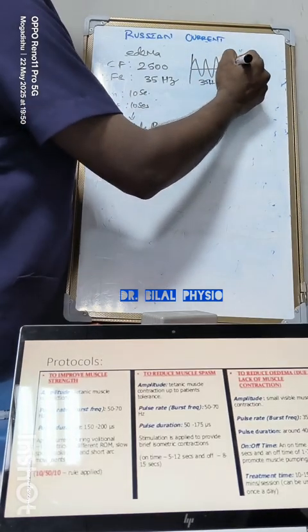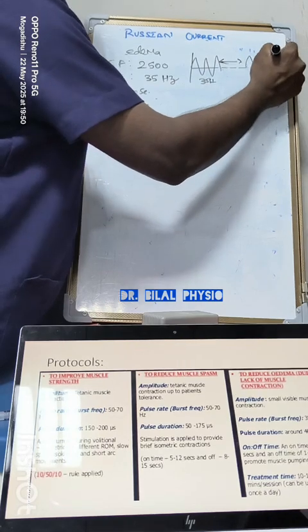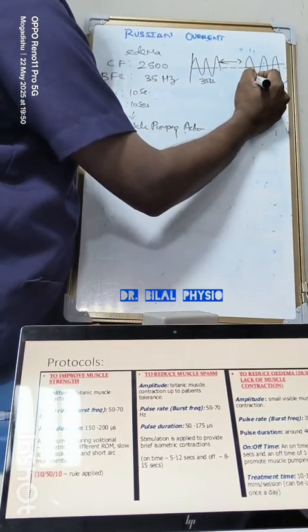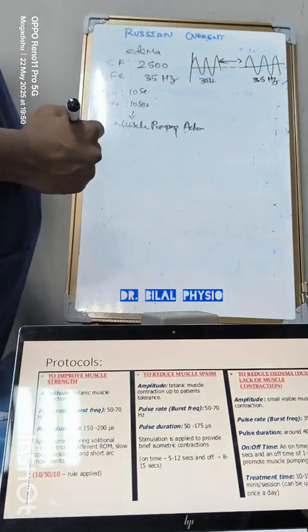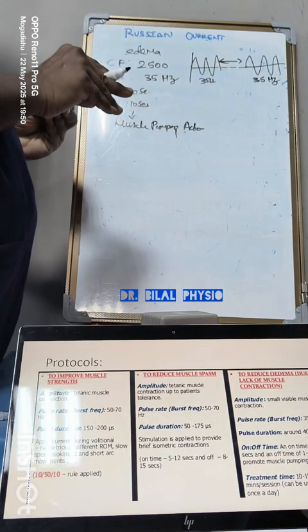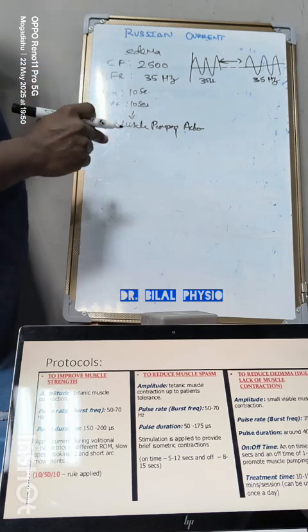So this is the burst on time with the interburst interval. Again, in the burst on time we can apply 35 Hertz burst frequency.